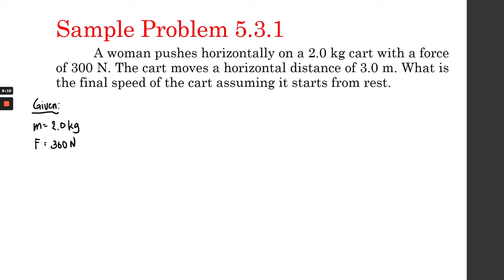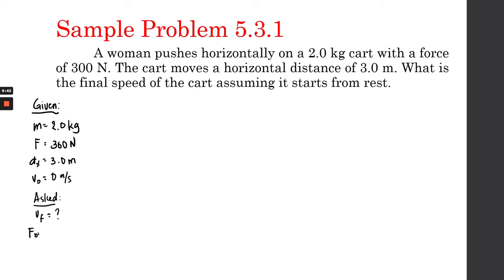And we know the distance traveled by the cart is 3 meters. Since it starts from rest, we know that the initial velocity of the cart should be 0. And what the question is asking us is the final speed of the cart.